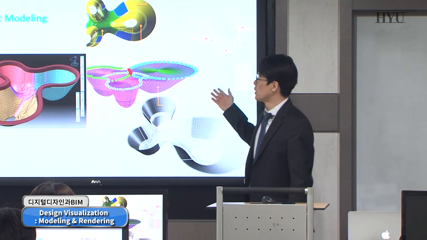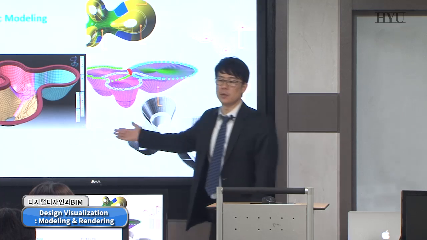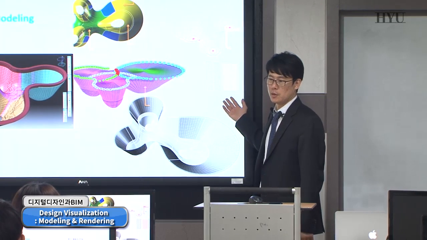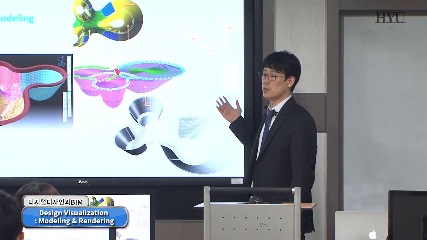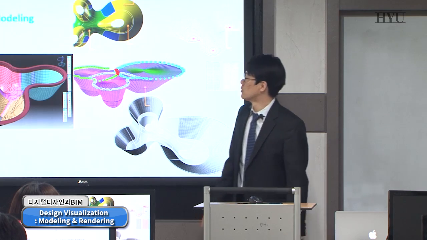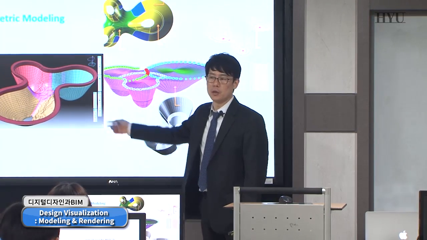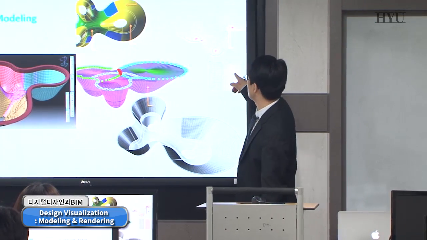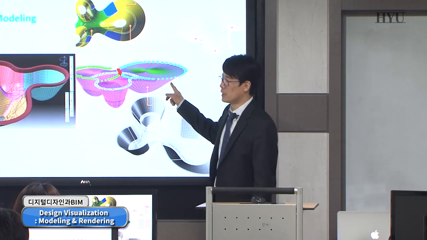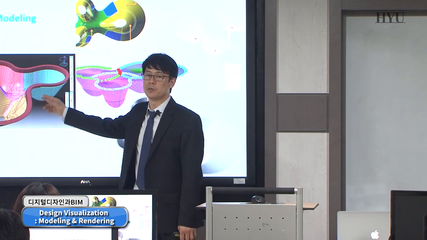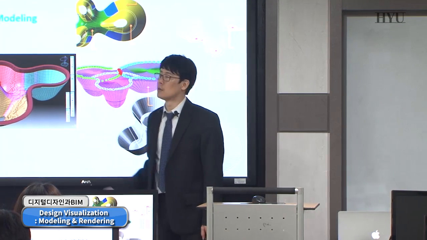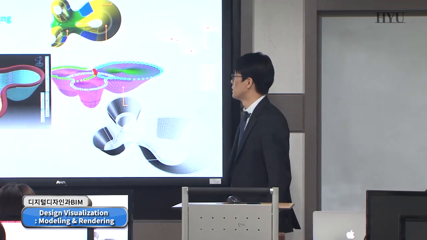Your design, whatever it is, can be represented by numbers, because the computer recognizes those numbers as this geometry. So if you update the numbers, the geometry is going to be optimized or updated.